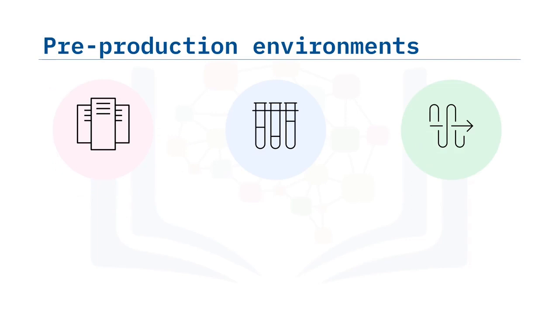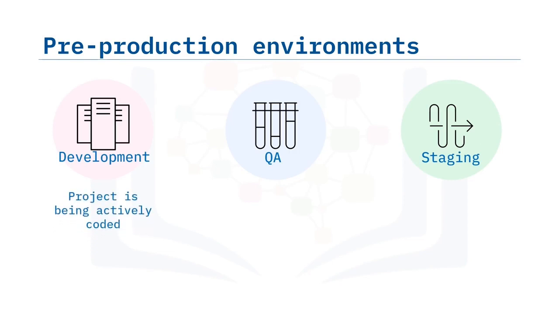The pre-production environments are those platforms that the application resides on in various forms as it gets prepared for production. Common pre-production environments are development, QA, which stands for quality assurance, and staging. The development environment is the platform on which the application is being actively coded, and in many cases, it may just be the developer's workstation.